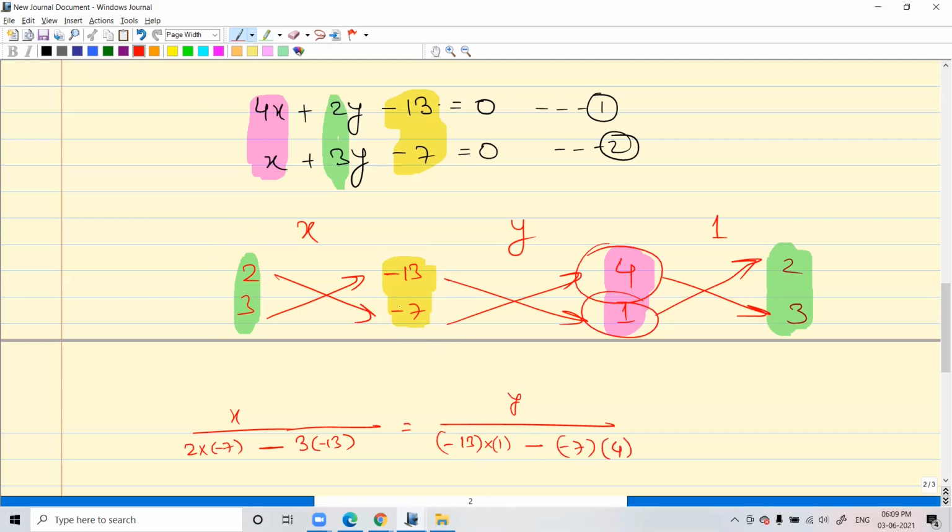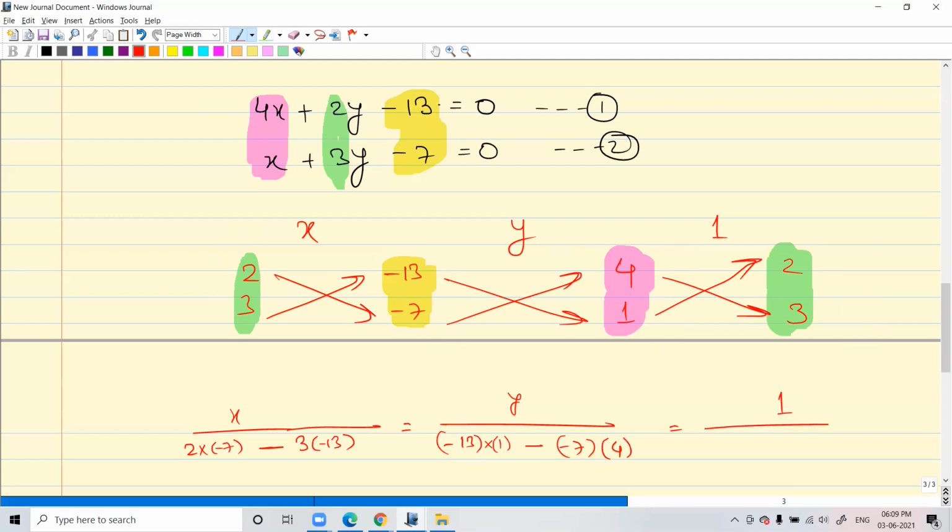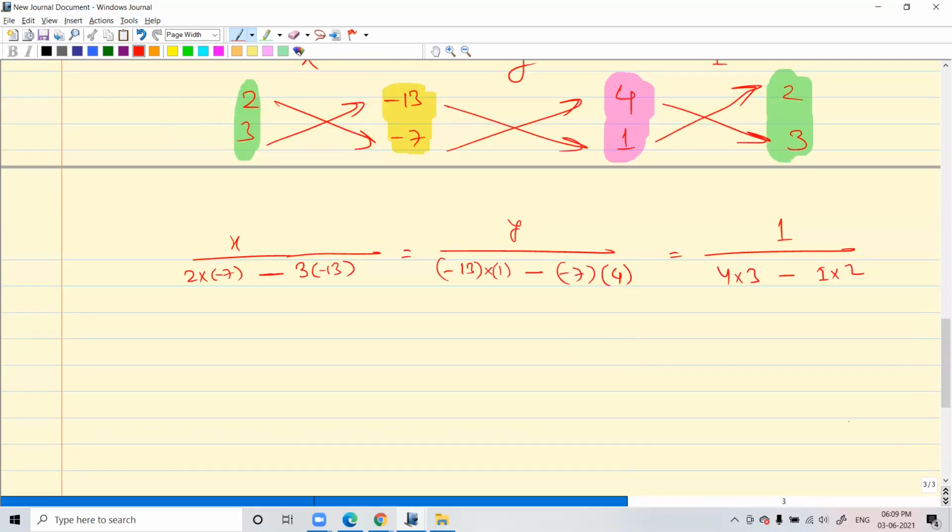That's the order we need to follow. After that, the next one will be 4 into 3 and then 2 into 1. And that will go below 1. So 4 into 3 minus 1 into 2. Can everyone write it up to this step?